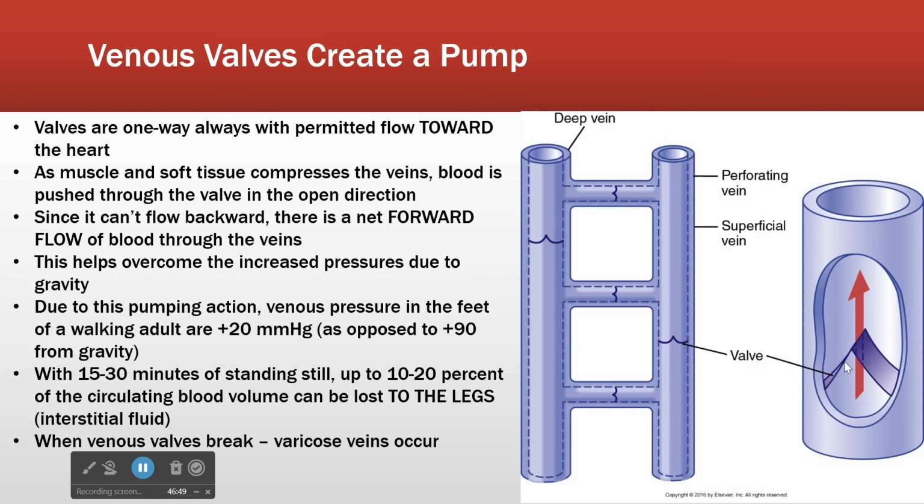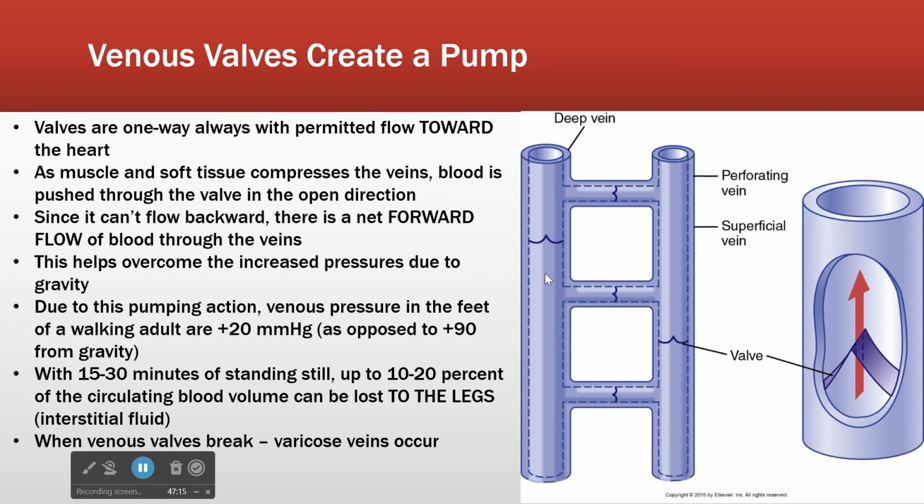So the way we make this into a pump is we wrap skeletal muscle around these veins. You've seen now in the anatomy lab some examples of that, of how a vein, for example, around the deltoid, right? You've got a vein, and then right next to it is a muscle. Well, every time that muscle contracts, it has a tendency to squish these veins.